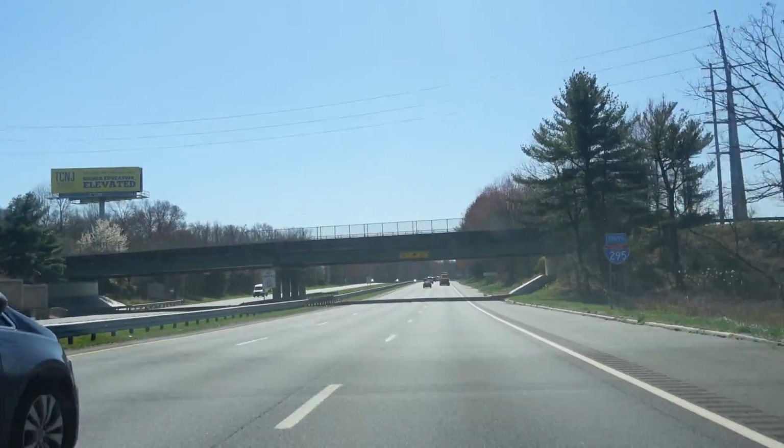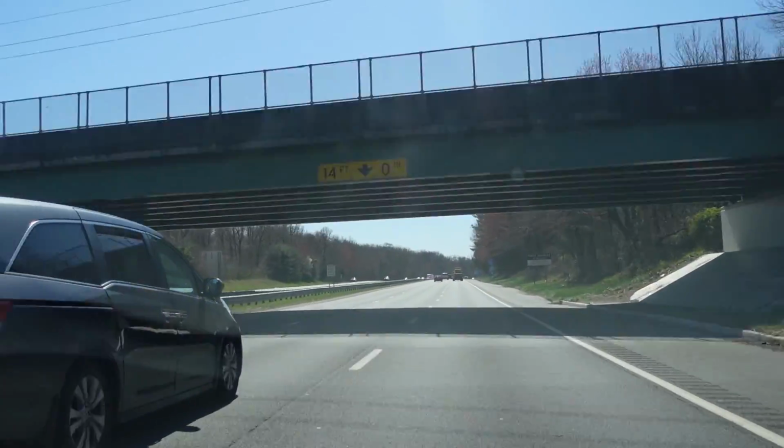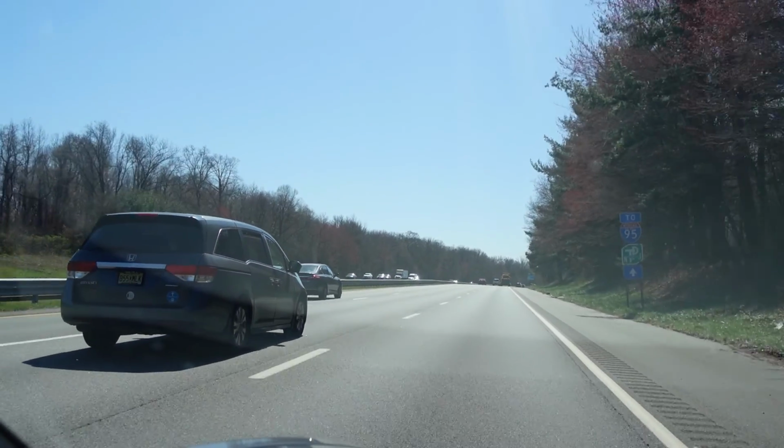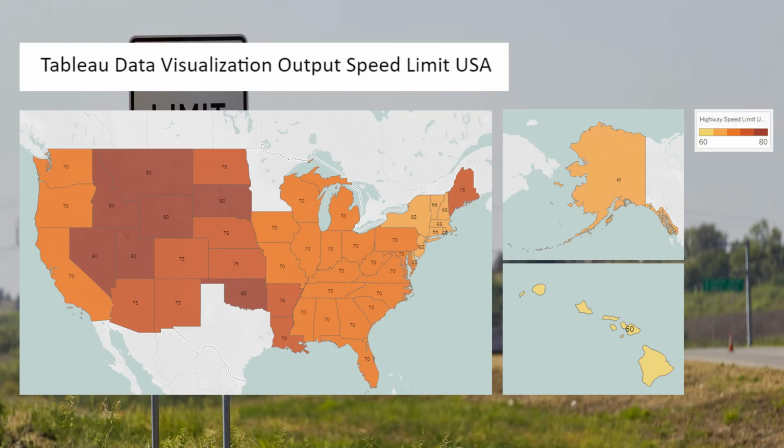Even on the right side of the highway, I've seen so many drivers pass me. Same also on Interstate 287. On 295 and 78 where I normally drive, cars tend to go a lot faster, around 70 to 80 miles per hour.